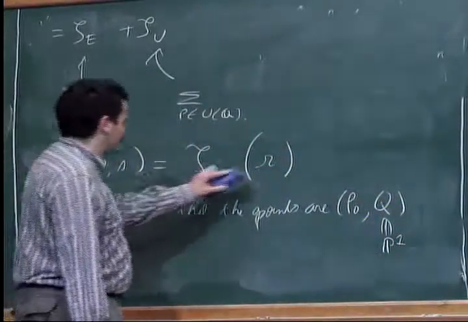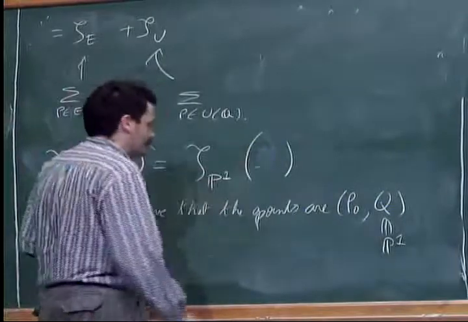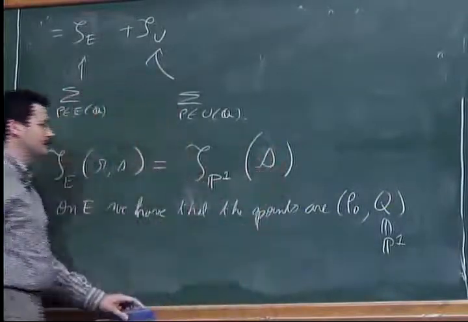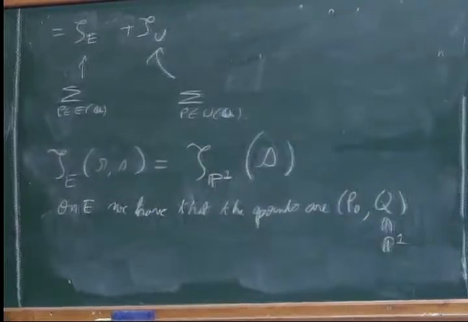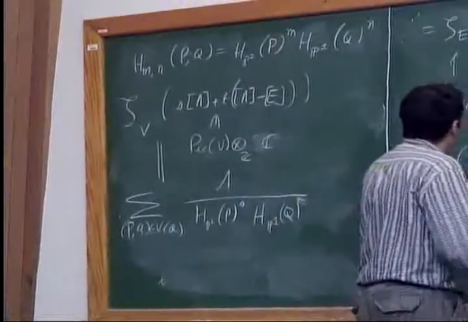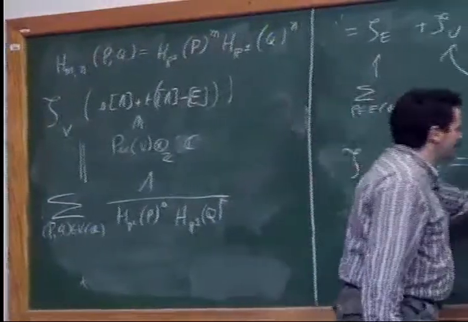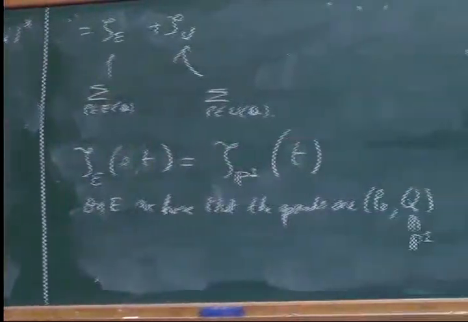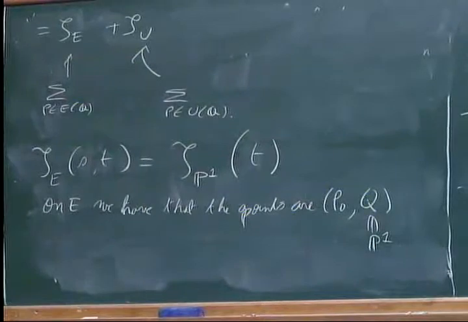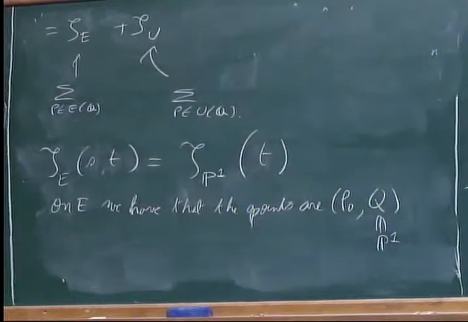So what I wrote is completely wrong. This is zeta of P1 of S. Yes? Oh, good question. Thank you very much for this brilliant remark. So I should write this. It's different from my notes, so I have to be careful. Thank you.